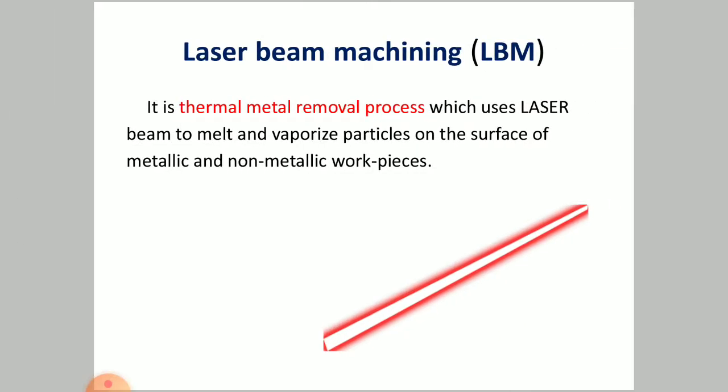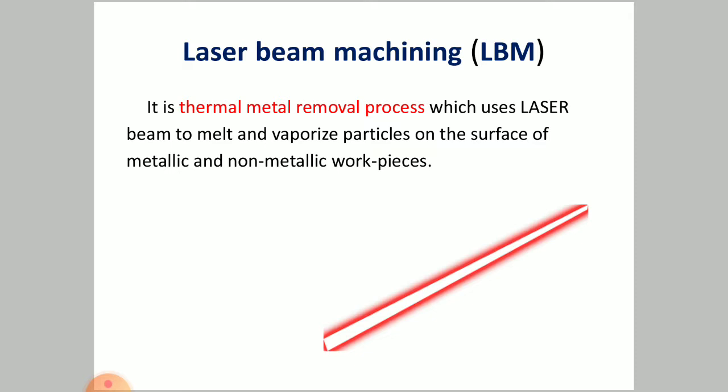Now we will look into the laser beam machining process. It is a thermal metal removal process wherein a beam of high intensity impinges onto the surface of the workpiece. The acronym laser stands for light amplification by stimulated emission of radiation.